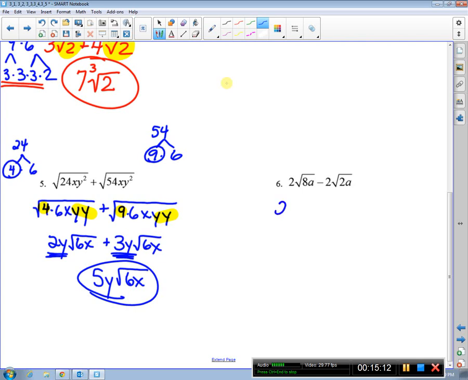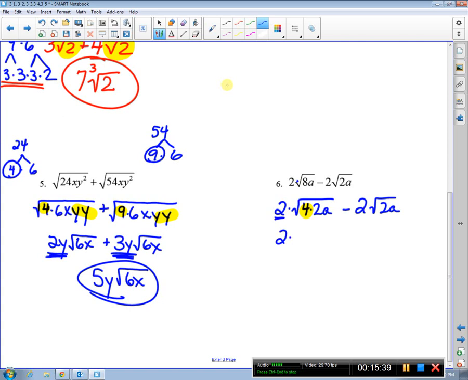Here we have 2 times the square root of 8a. 8 breaks down into 4 times 2, and I have an a, minus 2 square root of 2a. Nothing there breaks down. Under my radical, I only have a 4 that will simplify for this square root.